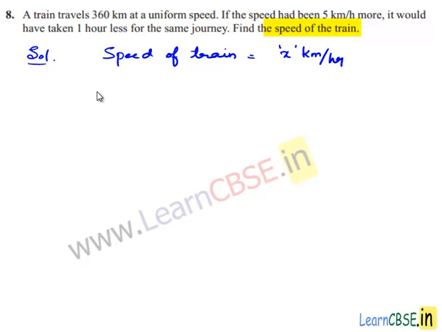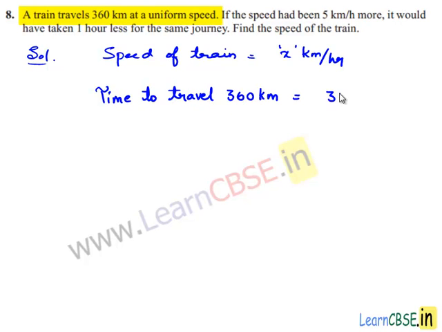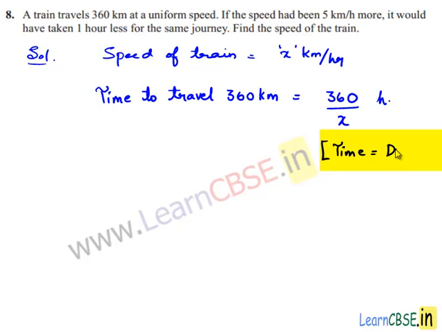So the time taken for the train to travel 360 kilometers is equal to 360 divided by speed of the train, which is x hours. This is because time is equal to distance by speed.